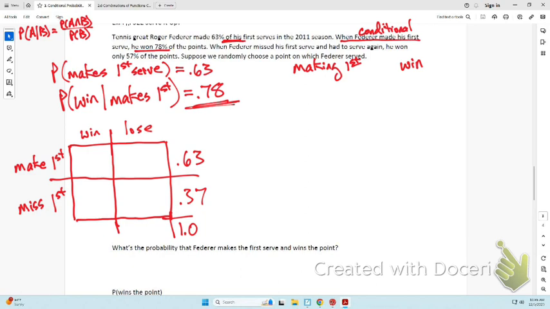So let's do that over here. So I know the probability of win given makes first equals the intersect of win and makes first divided by the probability of making the first.